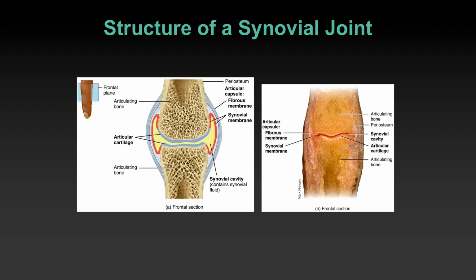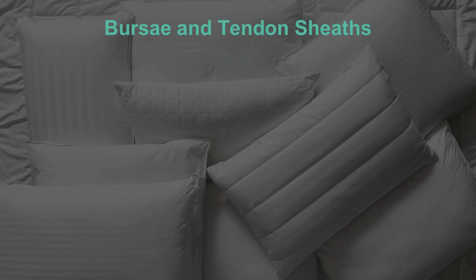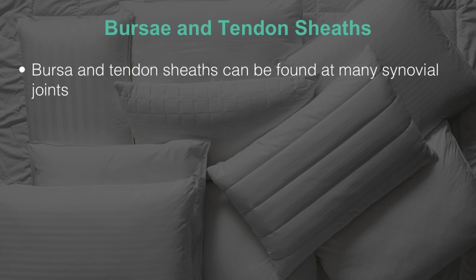Now, there are accessory structures that go along with fibrous capsules, articular cartilage, synovial membrane, and the like. And most of them anchor and provide structure and reduce wear. And so bursae, singular bursa, and tendon sheaths are structures that reduce wear.